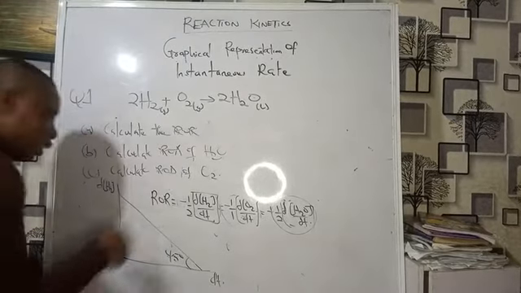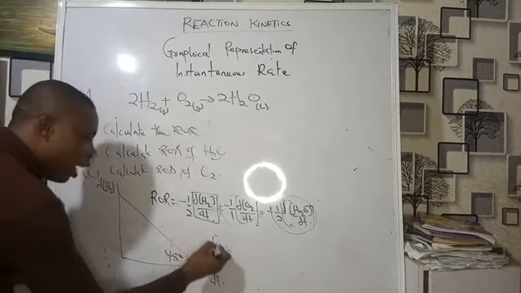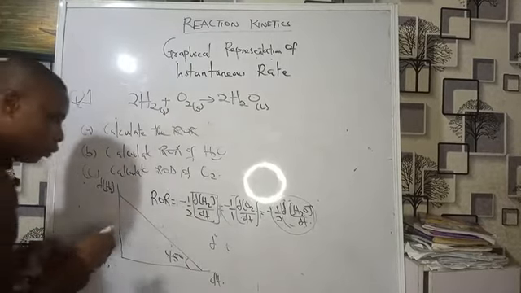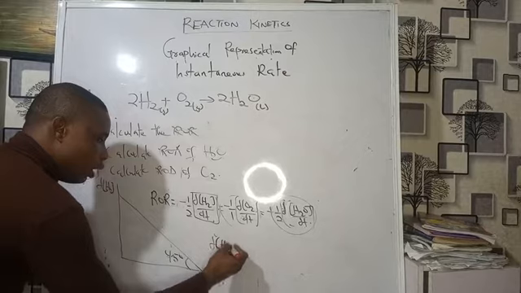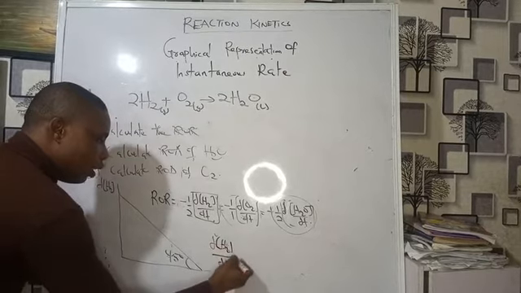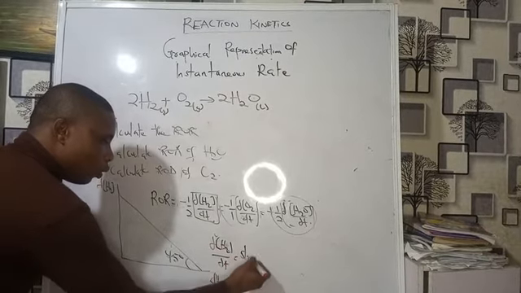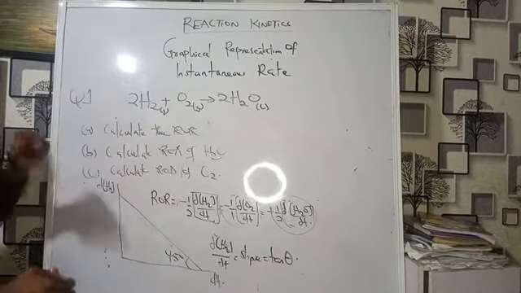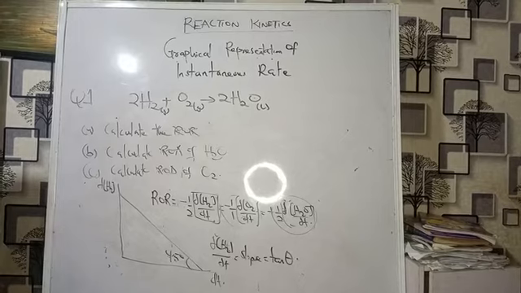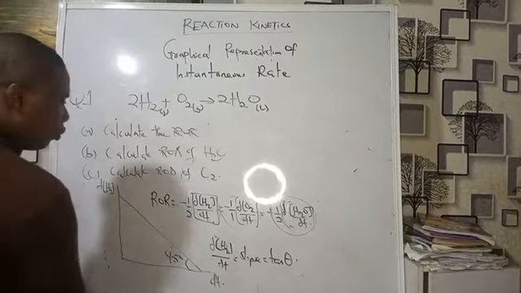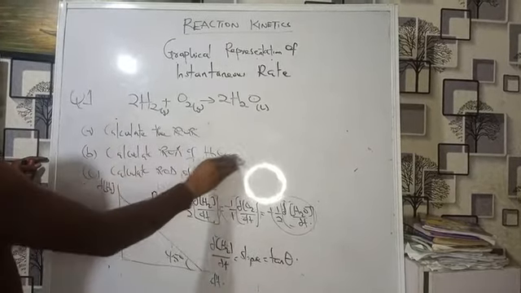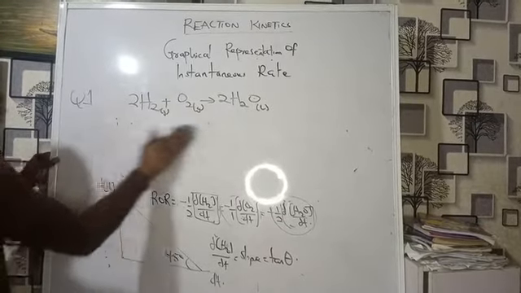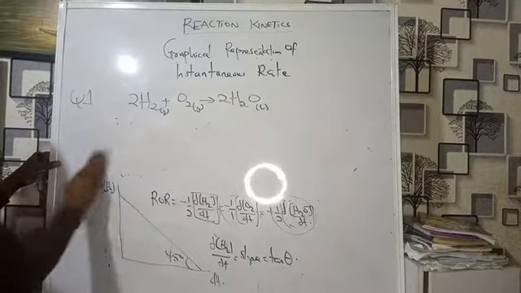Do you understand? Now, in this case, you know that our d[H2] over dt equals the slope. This equals tan. I believe you know it, that we can use this to solve this equation.